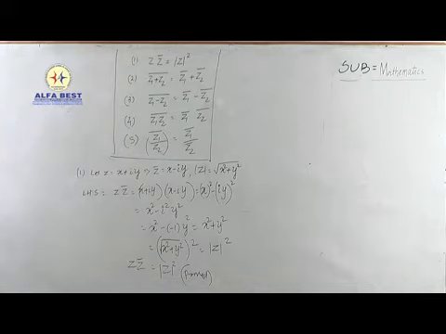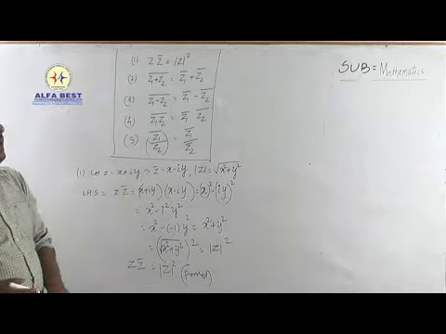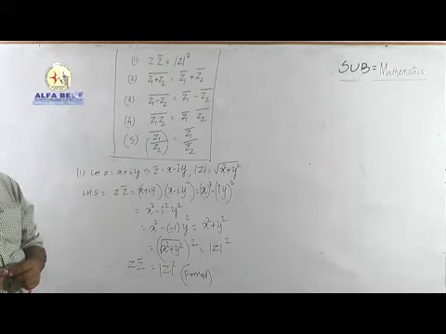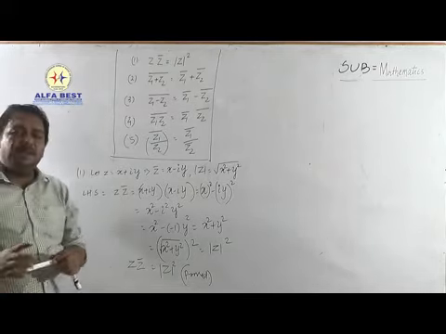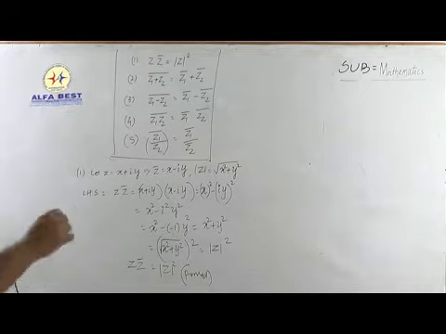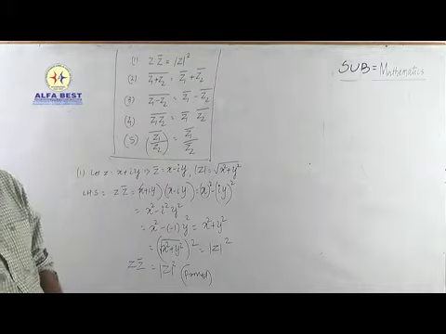Okay. Now we go to the second, third, fourth and fifth questions. You can see here that in these questions there are Z1 and Z2. That means there are 2 complex numbers, one is your Z1 and the other is your Z2. Okay.